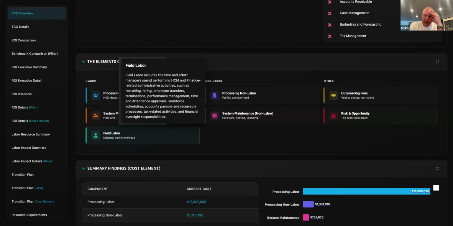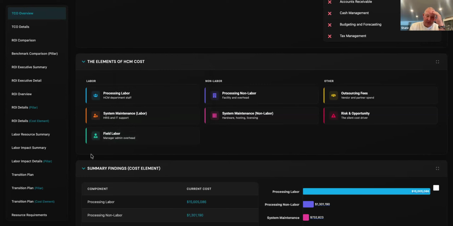We're going to look at things like, if I'm a manager in the field, how much time do I spend handing out physical paychecks on a per pay period basis? What does it look like for me to respond to questions around payroll related items, manage leave, tell people what their balances are, all those kinds of things that I might have to do as a manager.